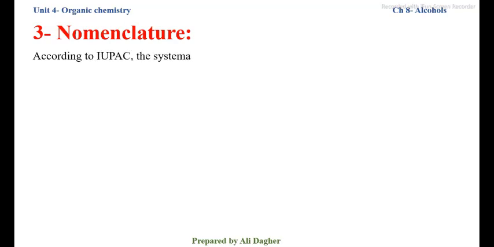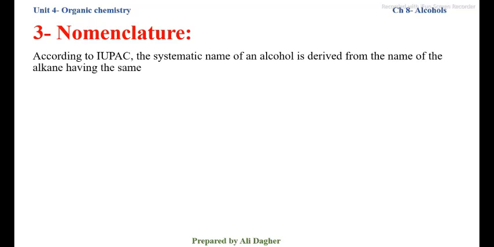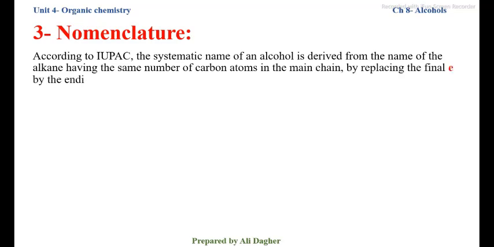According to IUPAC, nomenclature. According to IUPAC, International Union of Pure and Applied Chemistry, the systematic name of an alcohol is derived from the name of the alkane having the same number of carbon atoms in the main chain by replacing the final E by the ending ol.